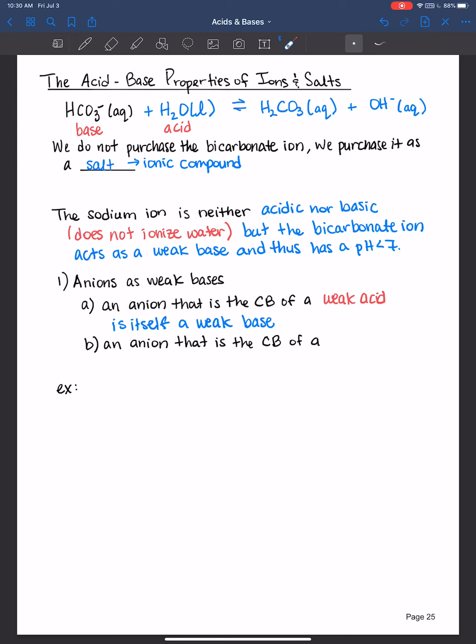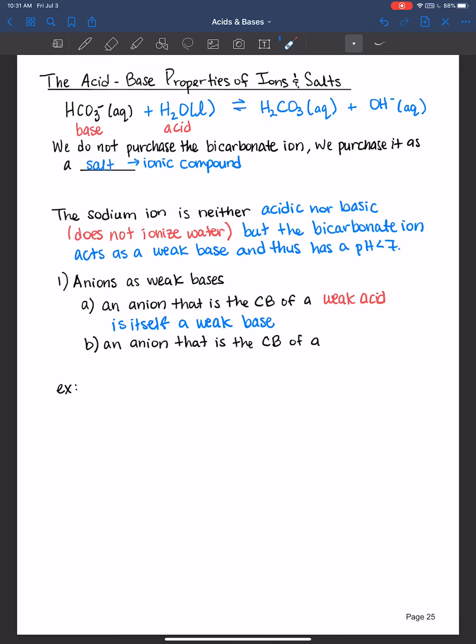Those are the conjugate acid-base pair right there. And carbonic acid's not on the list of strong acids, so therefore it is a weak acid. An anion that is the conjugate base of a weak acid is itself a weak base. And so when I purchase sodium bicarbonate, which is baking soda by the way, and I mix it with water, if I were to measure the pH, it should be basic in the solution.